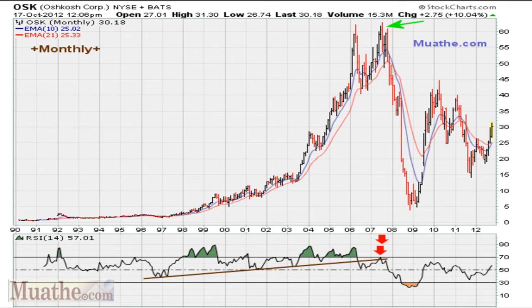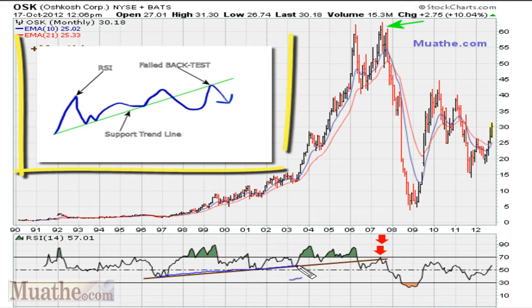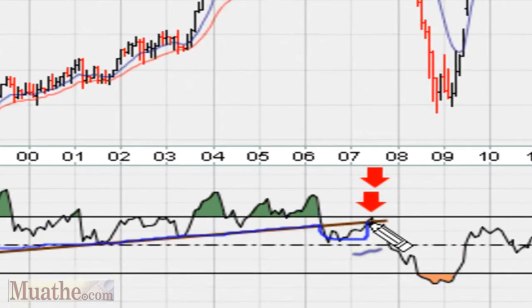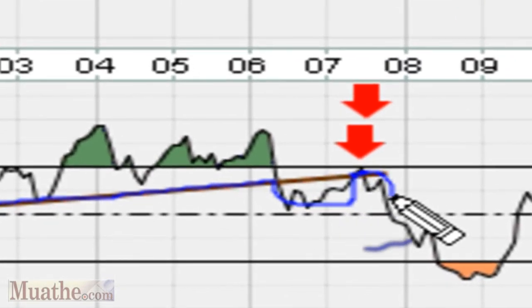Moral of the story here, since we are looking at the back test, is take a look at how this trend line, once broken there in '06, the stock would come back and the RSI tried to move above that line, failed, and turned around.